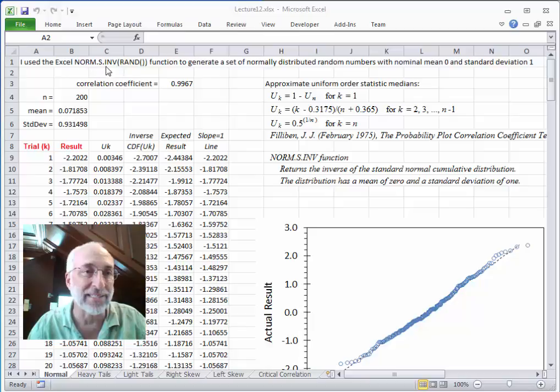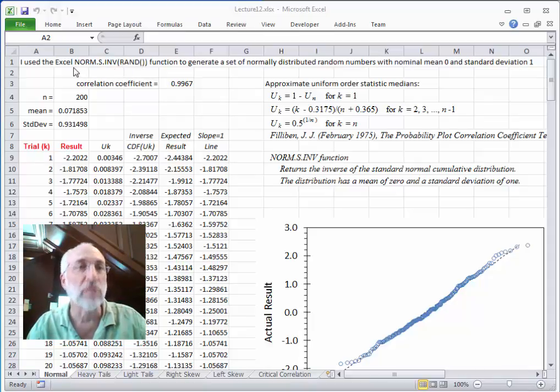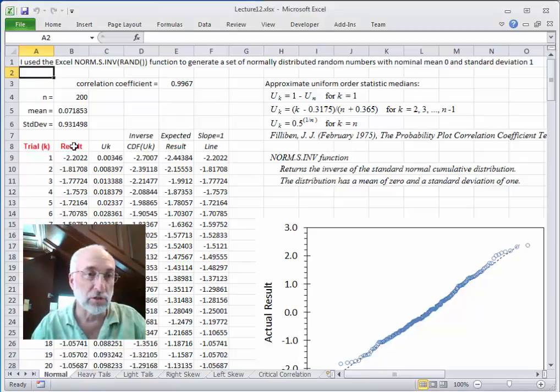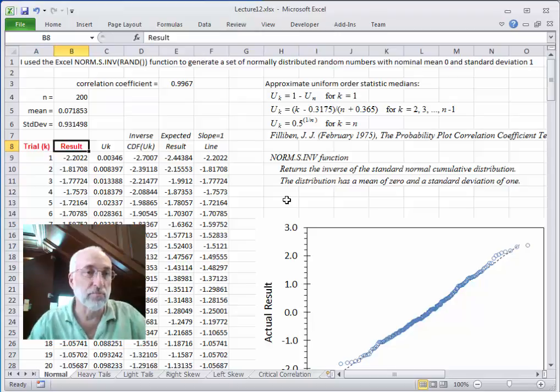NORM.S.INV is the inverse standard normal distribution. If I give it a random number as its input, it will give me a random number from a normal distribution as the output. So I did that 200 times, and I created 200 random numbers coming from a normal distribution, a mean of 0 and a standard deviation of 1. Those are in the results column right here.